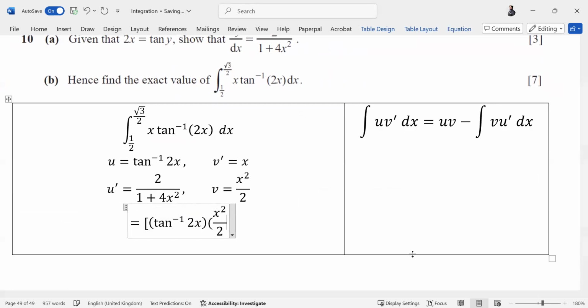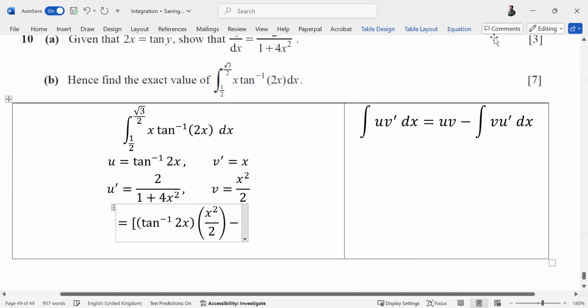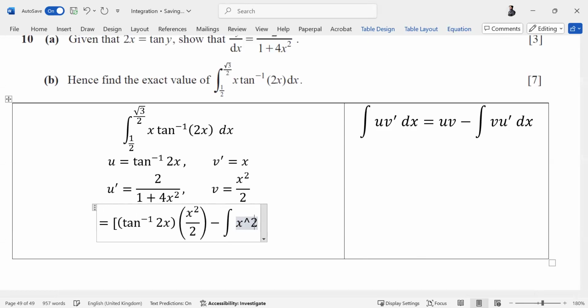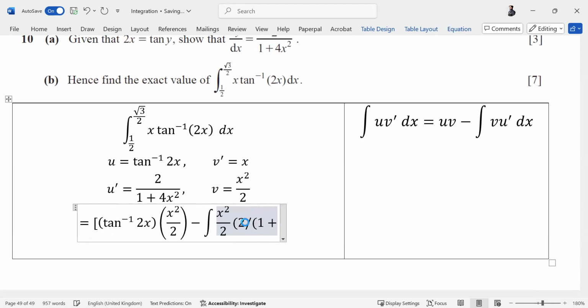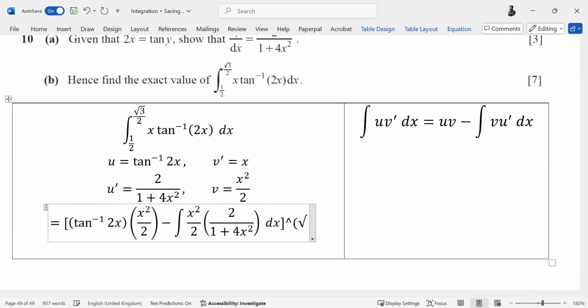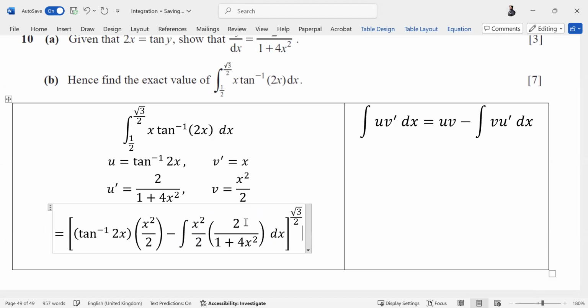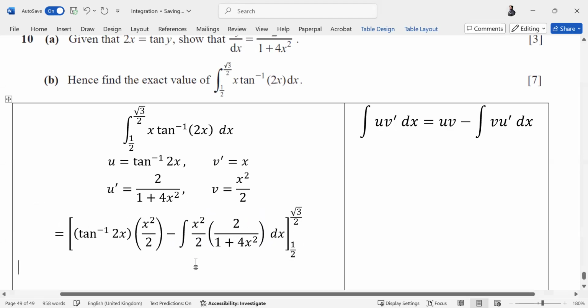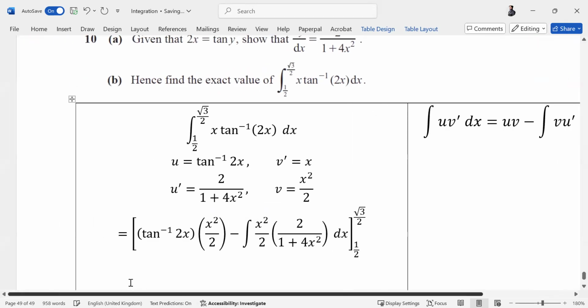X square upon 2 minus integral of v is x square upon 2 and u dash is 2 upon 1 plus 4x square. Long bracket, upper limit is square root 3 upon 2. Lower limit is half. Is this clear?